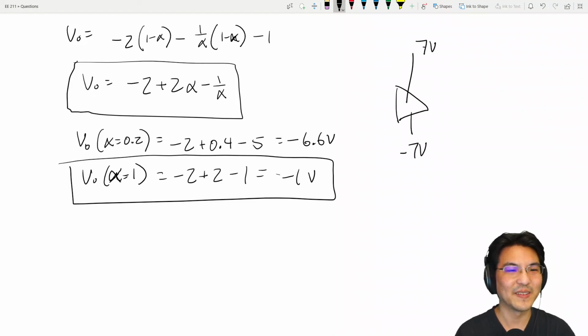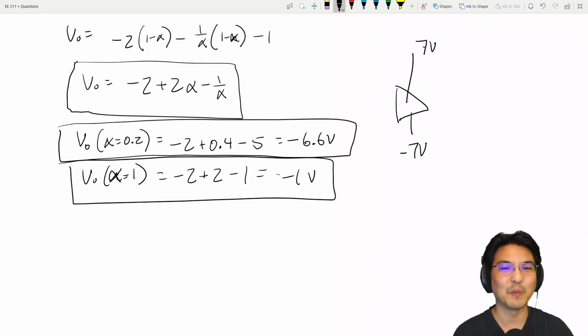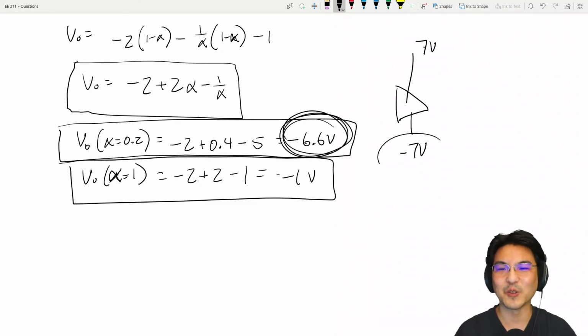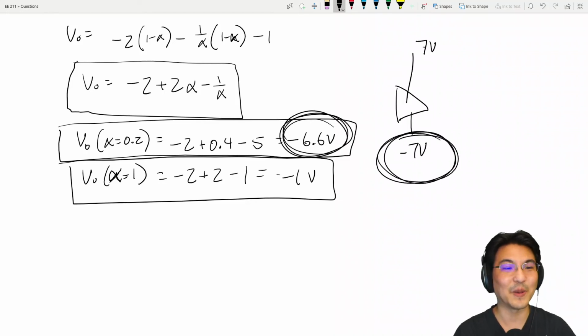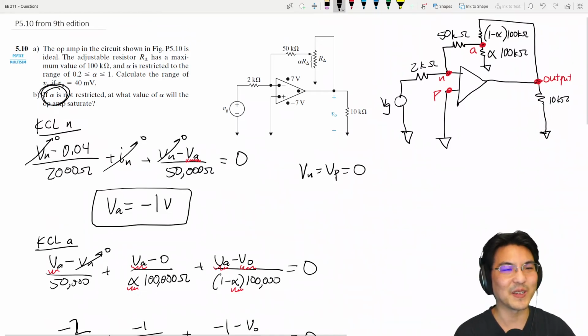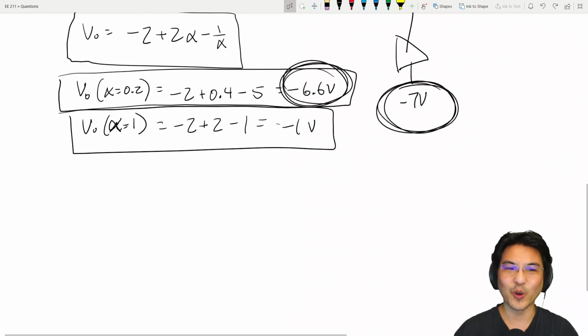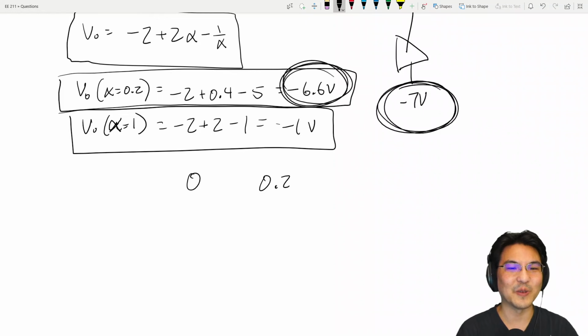But if we make alpha even less than 0.2, we might have a voltage that goes below -7. So you have to keep an eye on that. So that's part B: if alpha is not restricted, where you can just turn the dial as low as you want to go, when will it saturate? It might not, or it might be somewhere in between 0 and 0.2. We don't know, right? So what happens in this range? Is it going to saturate? Is it going to go below -7? That's what we have to watch.